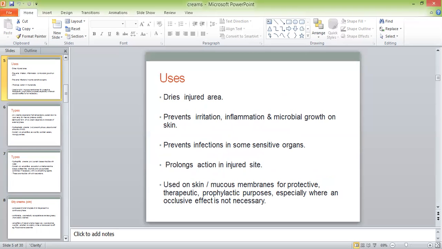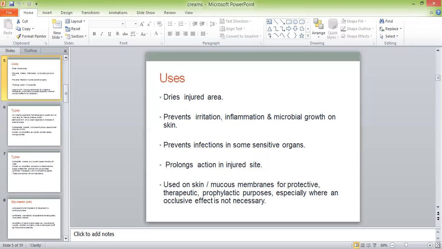It also prevents any sort of irritation and inflammation, and the growth of microorganisms on the skin is also prevented. It prevents different infections in some sensitive organs, and it also prolongs the action at the injured site.